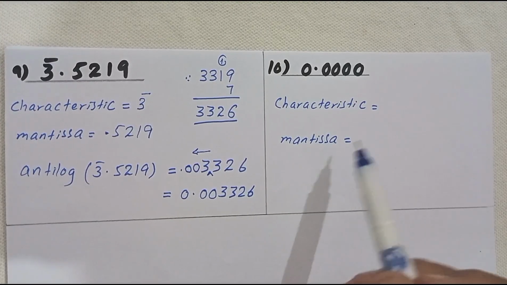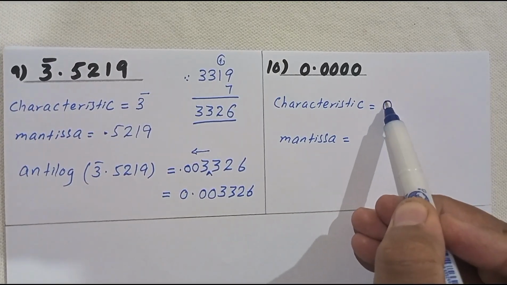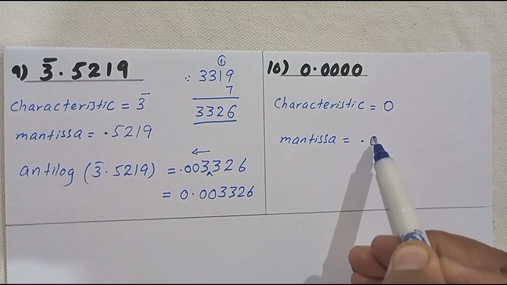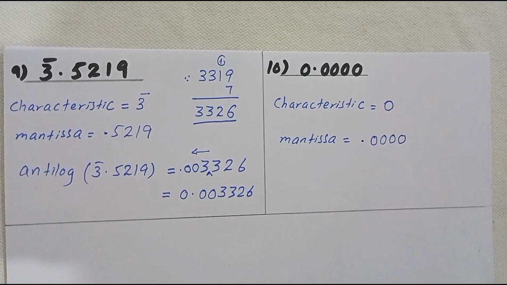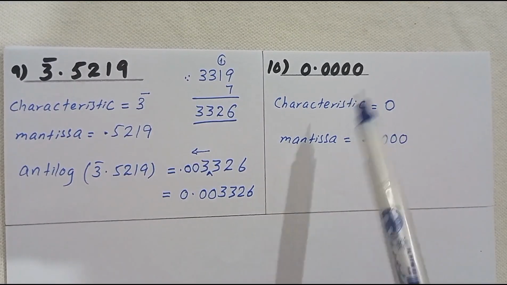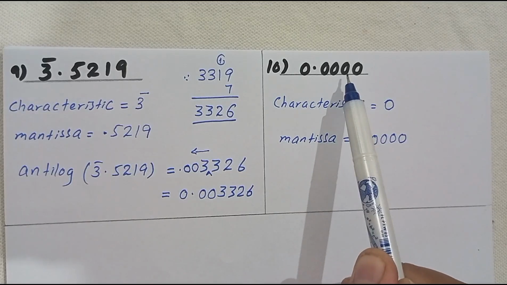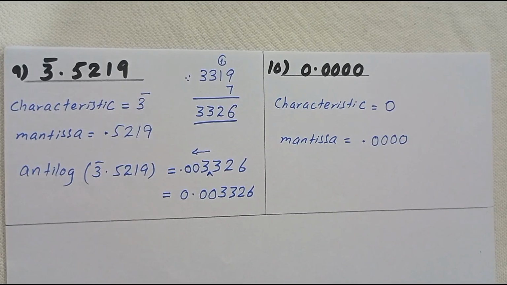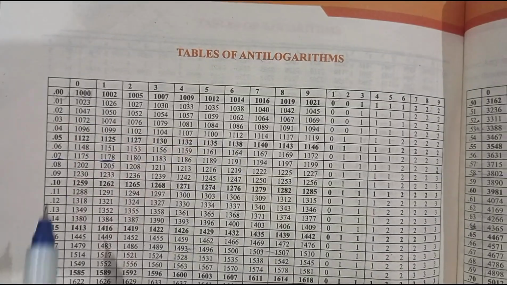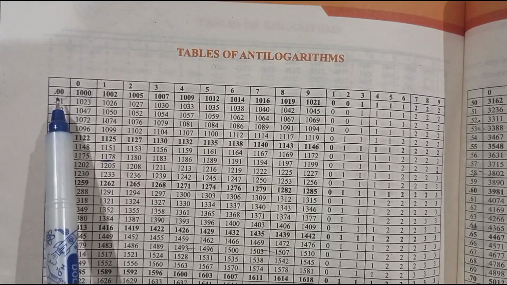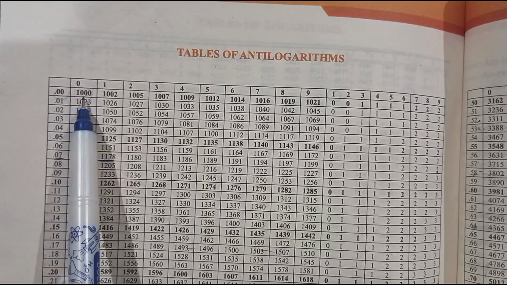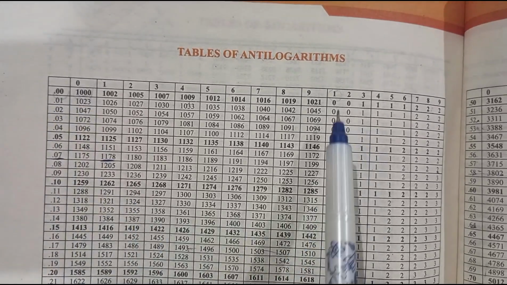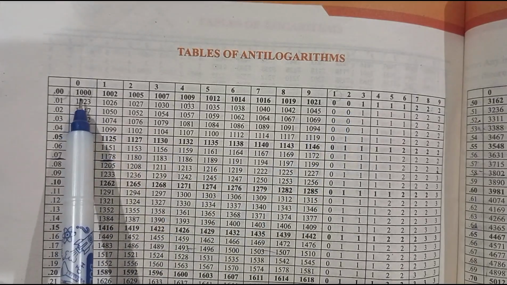So in 10 part characteristic is 0 and mantissa is 0.0000. So we have to look in antilog table value of 0.00 in 0 and add the value of 0 column. So in antilog table the value of 0.00 in 0 column is 1000 and there is no right column value, so the answer is 1000.